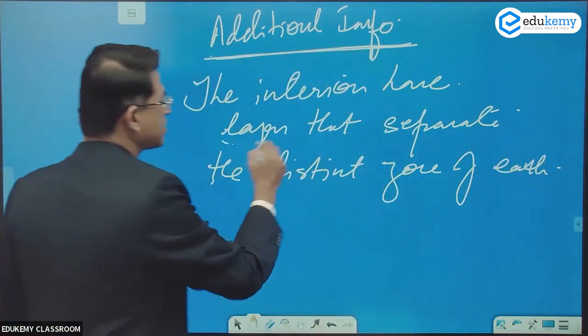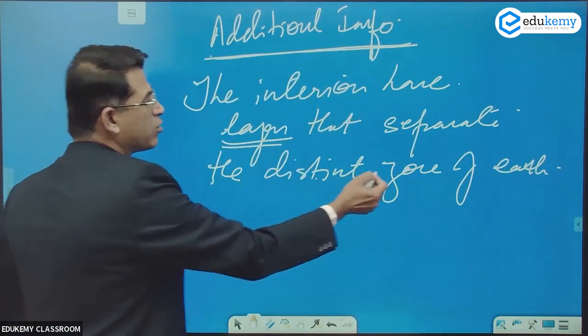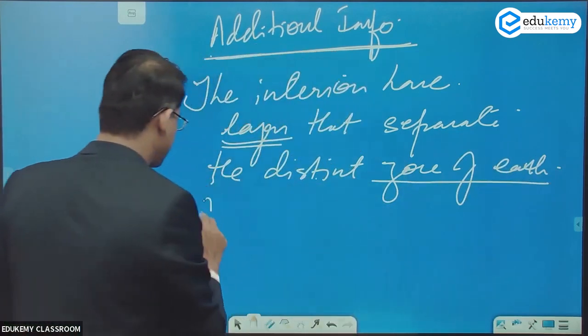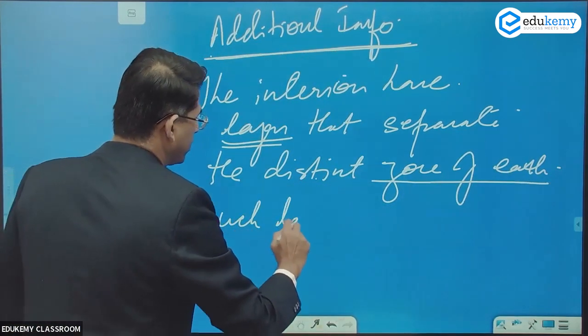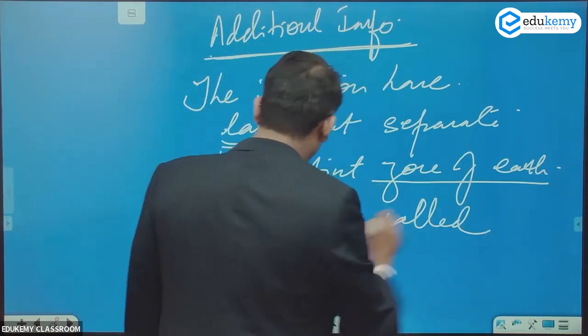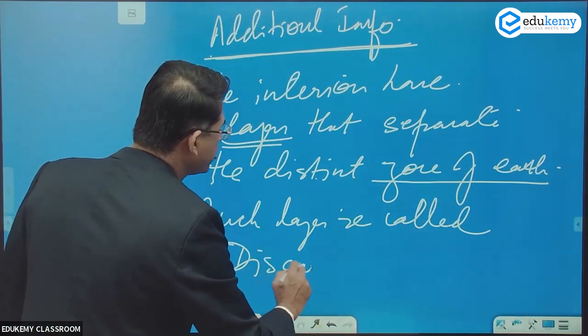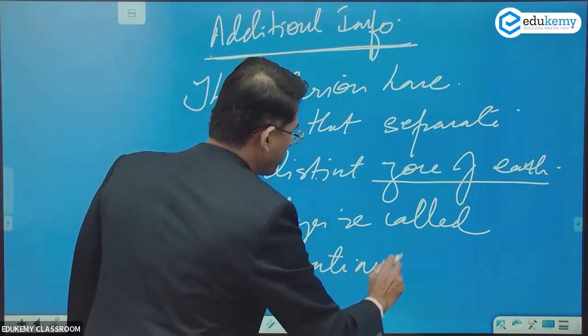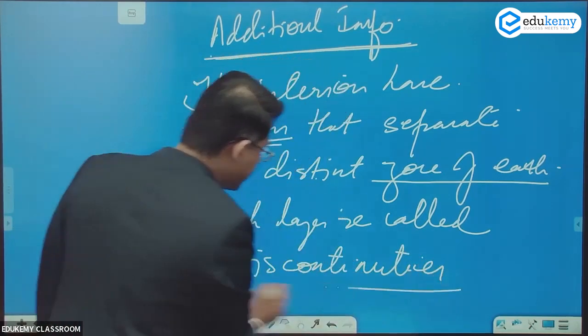They have layers that separate the distinct zones of the earth. Such layers are called discontinuities.